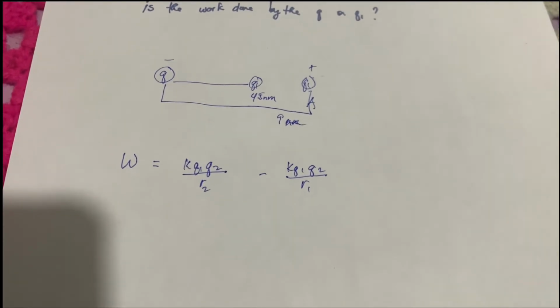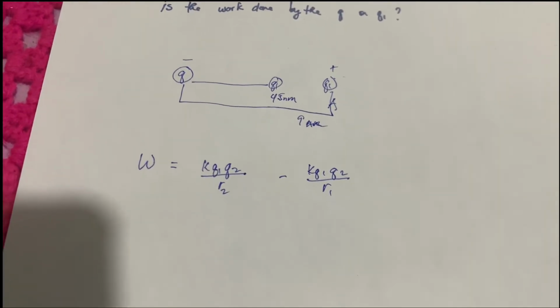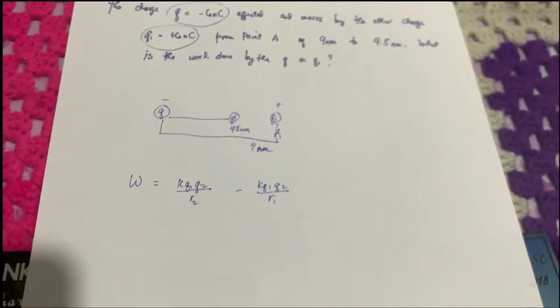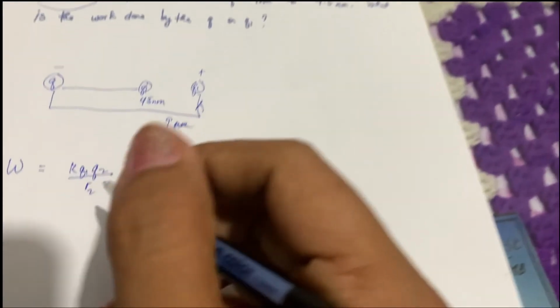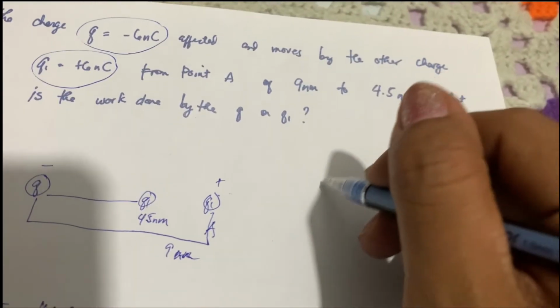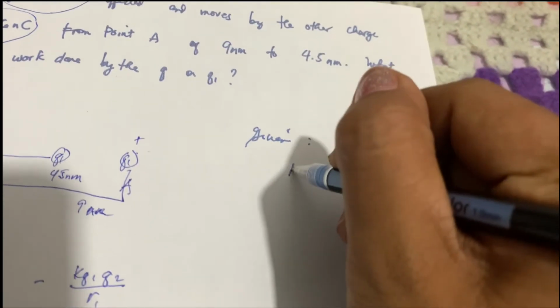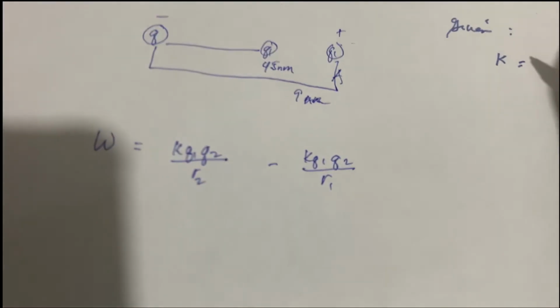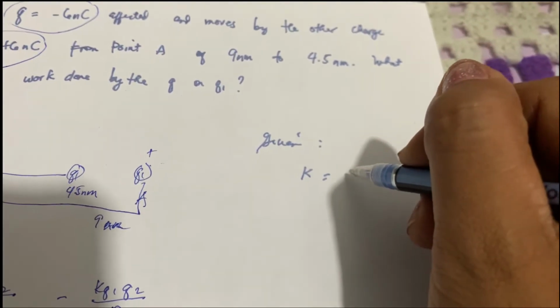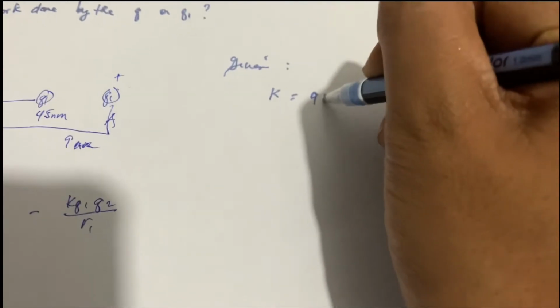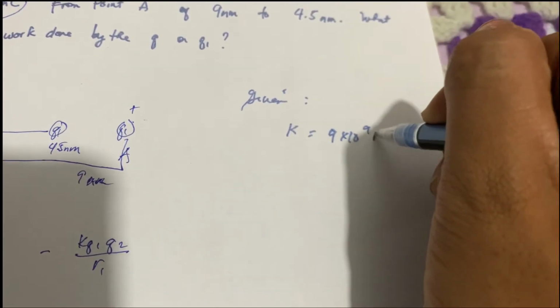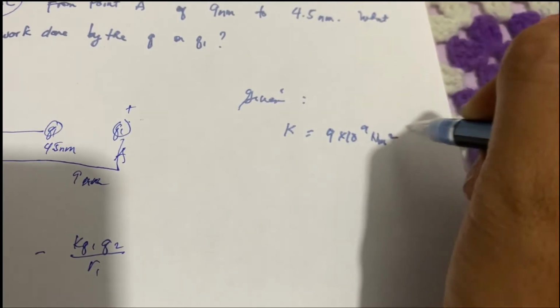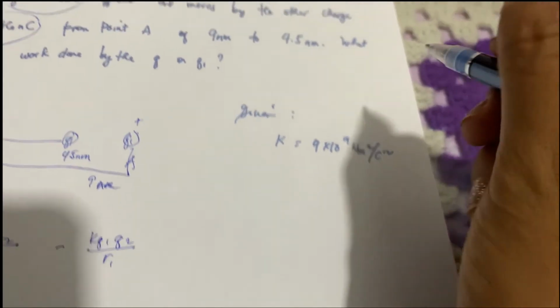So, this is our formula. Okay, so our given, by the way, let's write our constant first because we need a constant here. So, your constant is 9 times 10 to the 9 Newton meter square per coulomb square.